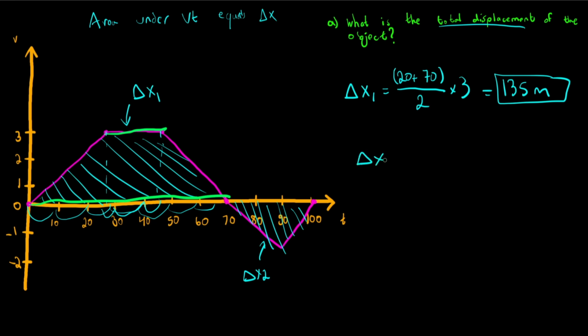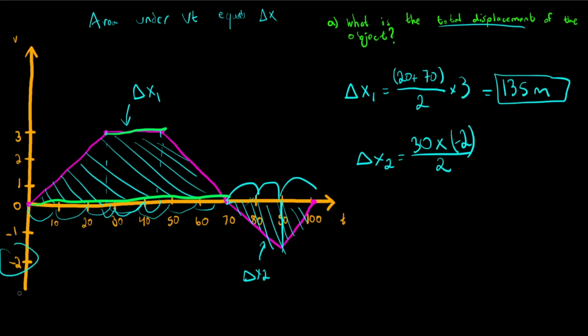Now for delta x2, it's a triangle, so we do half the base times height. The base, you can take this, so 10, 20, 30. So 30, times the height, which is -2. We have to take -2 because it's displacement, remember?